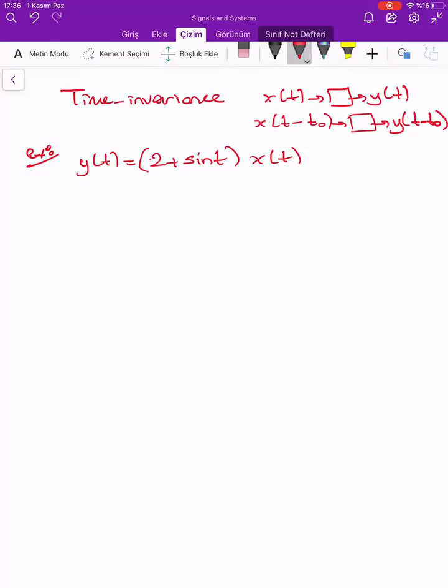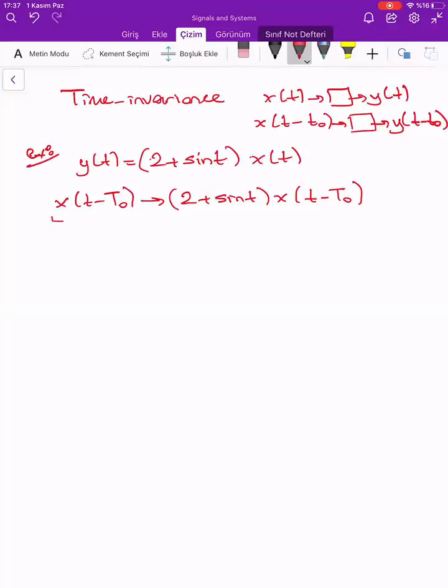How do I determine if this is a time invariant system or not? So we will apply x of t minus t0 as the input, and the output will be 2 plus sine t times x of t minus t0, right?